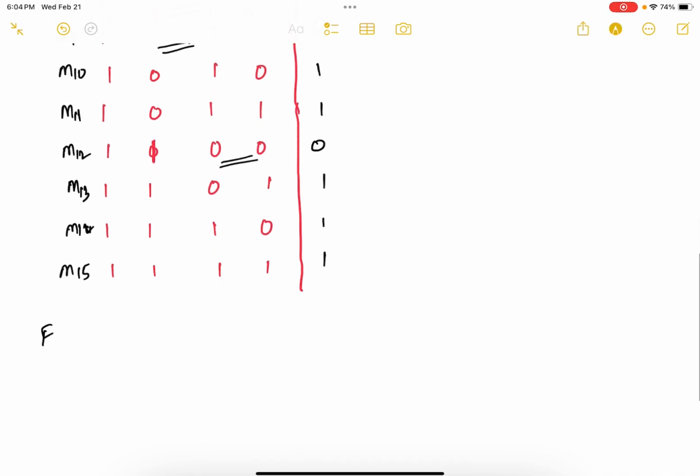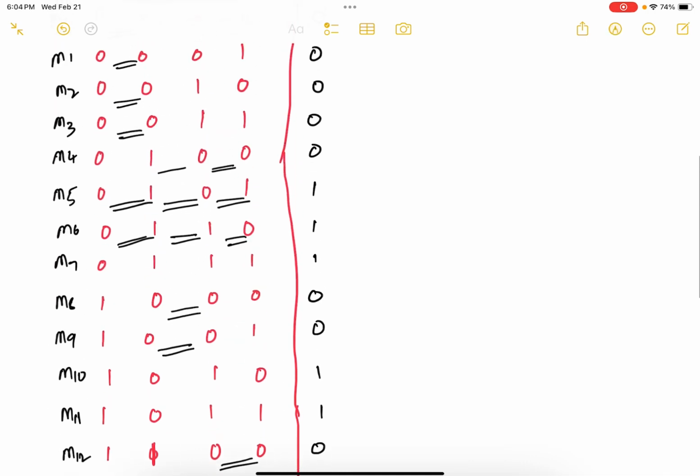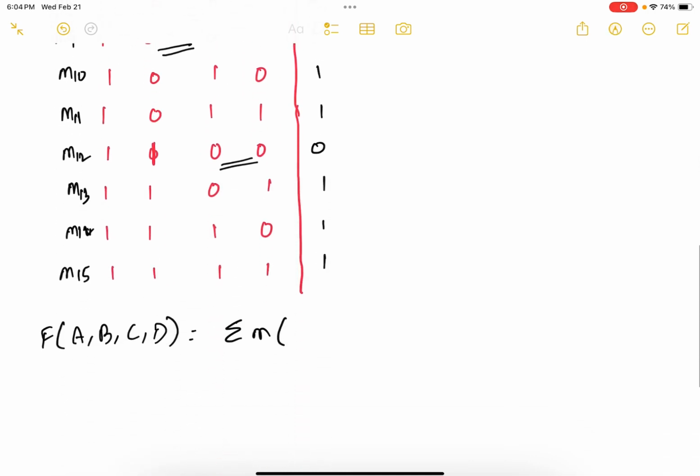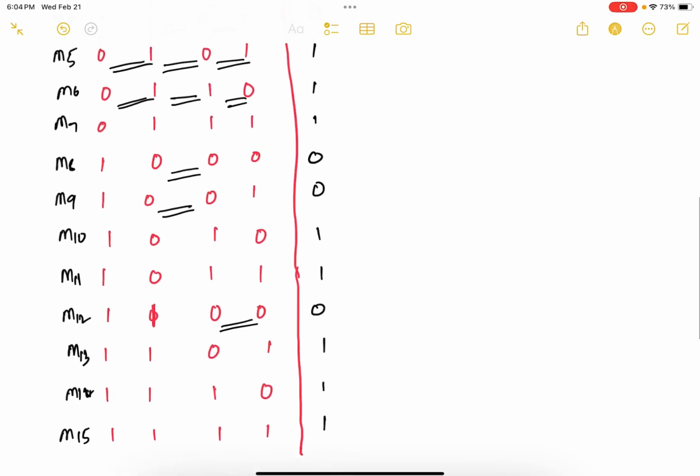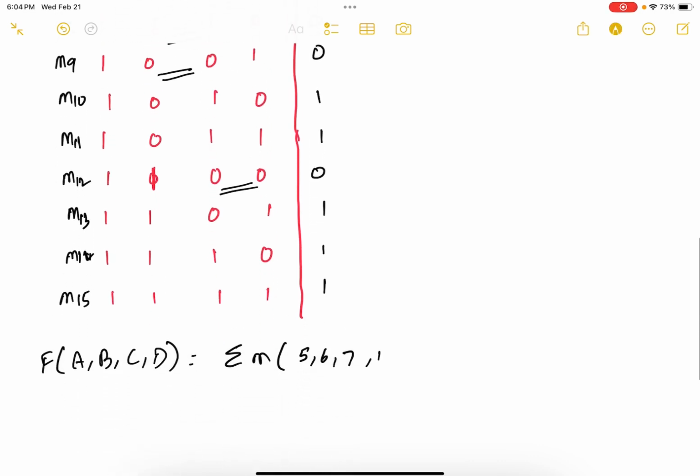Therefore, f of ABCD equals summation minterms, which are 5, 6, 7, 10, 11, 13, 14, and 15. So that's the first part of the problem.